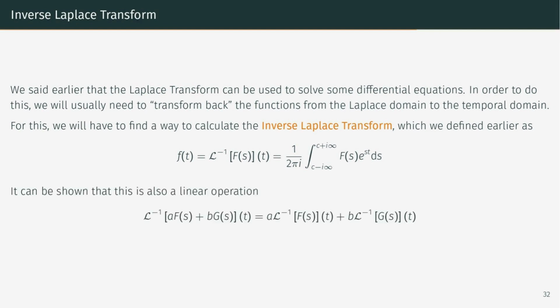We can also see that we can write the inverse Laplace transform as a linear operation, such that the inverse Laplace transform of A F(s) plus B G(s) equals A times the inverse Laplace transform of F(s) plus B times the inverse Laplace transform of G(s).